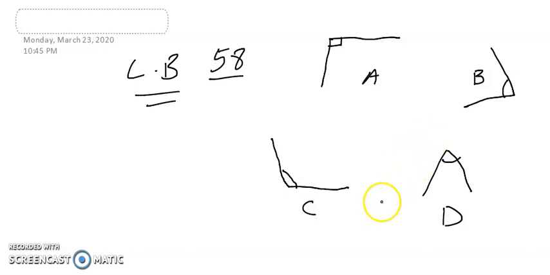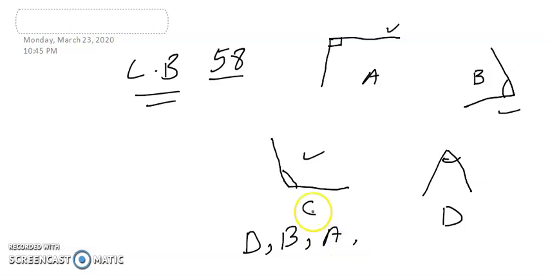This angle is an obtuse angle, so it is the largest of all of these, and it will come at the end. If we measure them, I have to guess that the gap between these two lines is the smallest, so D is the smallest. Then after that B, then A which is 90 degree, and in the last I will write C.